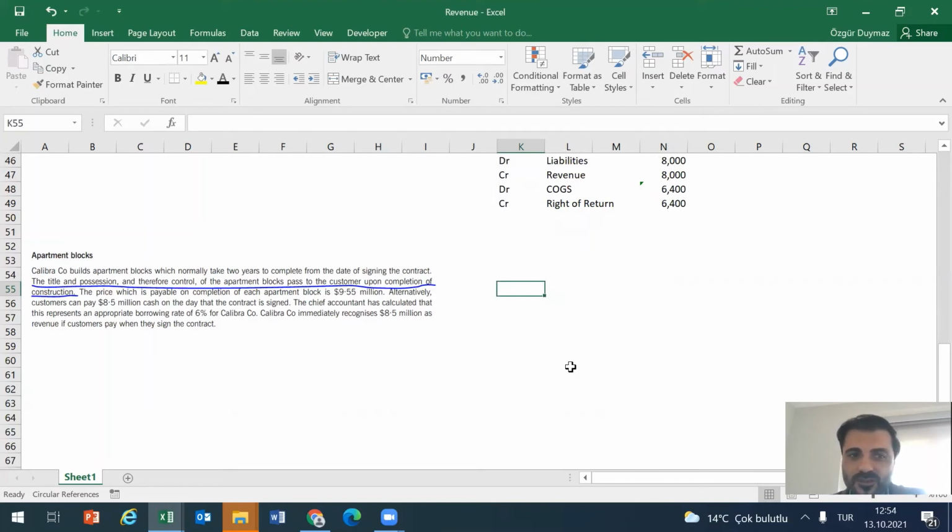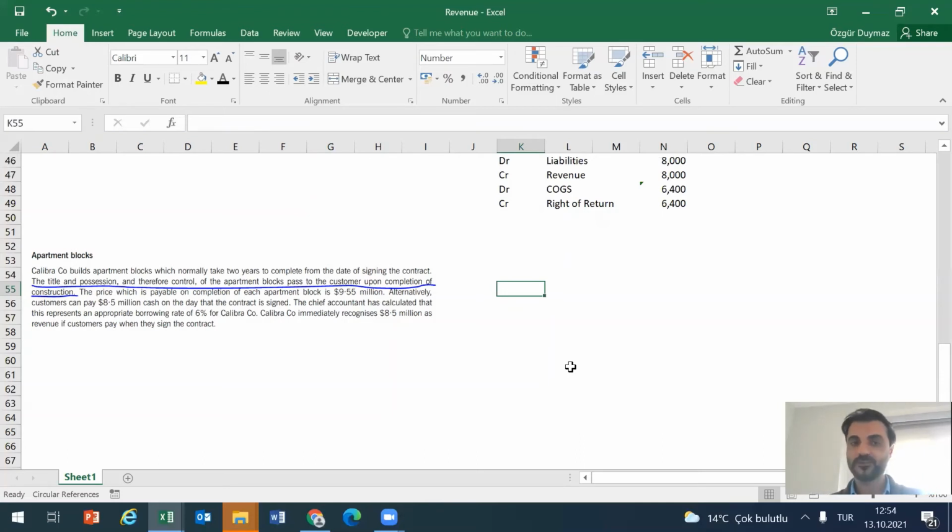The title and possession, and therefore control, of the apartment blocks pass to the customer upon completion of the construction. The price which is payable on completion of each apartment block is 955 million.